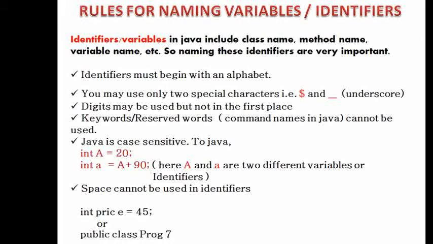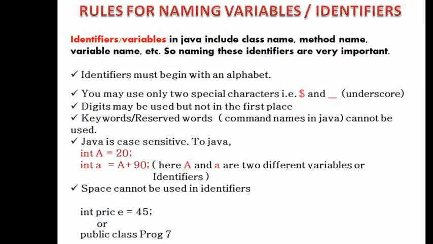The rules for naming variables or identifiers. Identifiers in Java include class name, method name, variable name, and many such things you will come to know later on. So, naming these identifiers is very important.